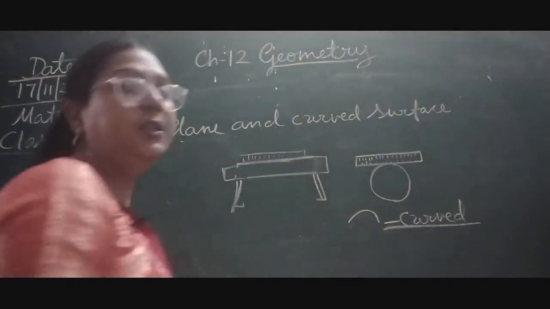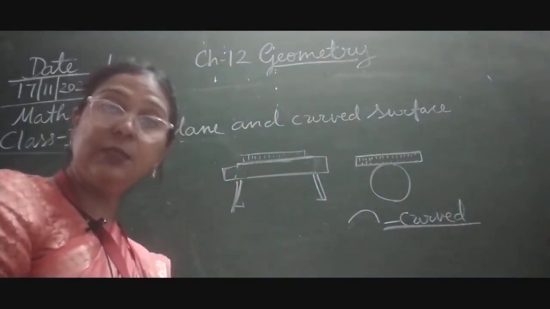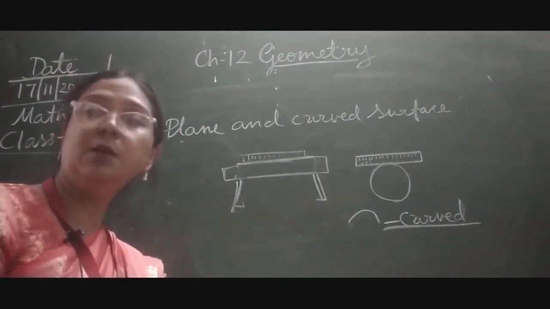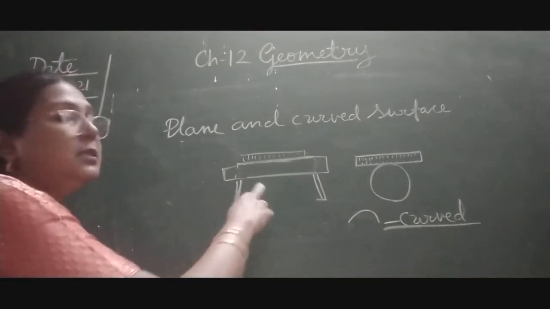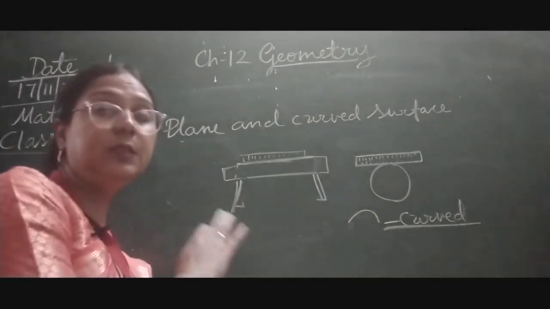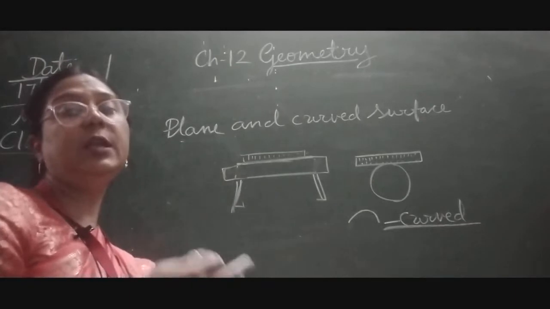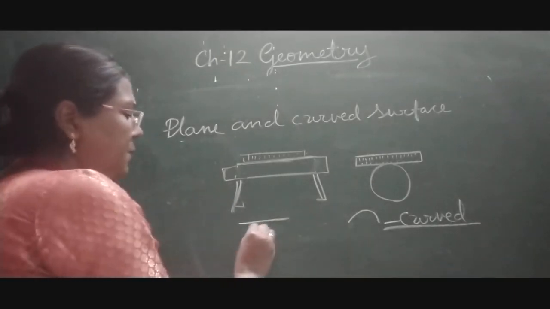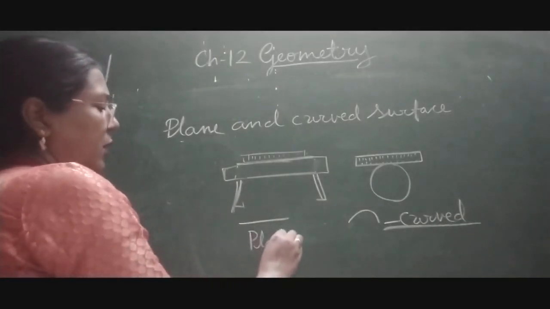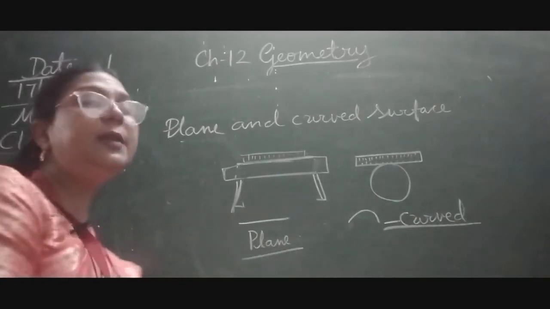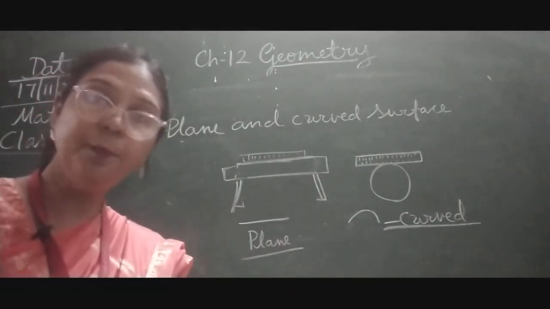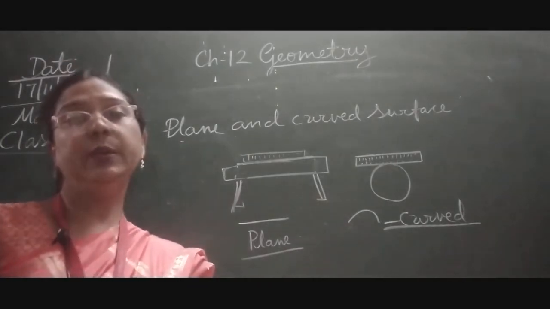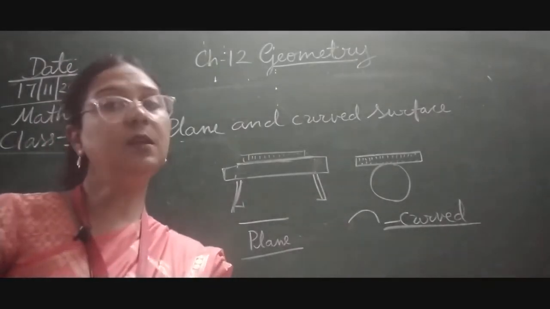We can't measure exactly the surface of a ball because it is curved. And if we measure this table, because this surface is plane, it is quite easy to measure the surface of a plane table. So there is a difference between plane and curved.